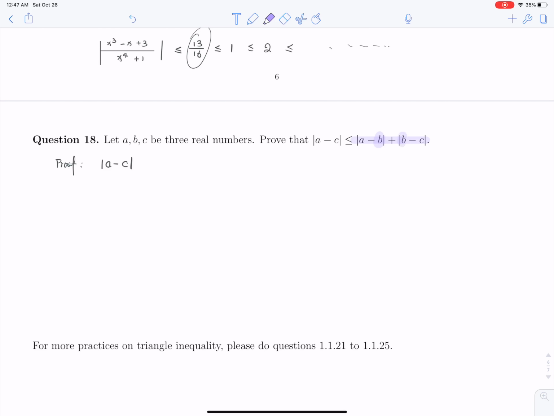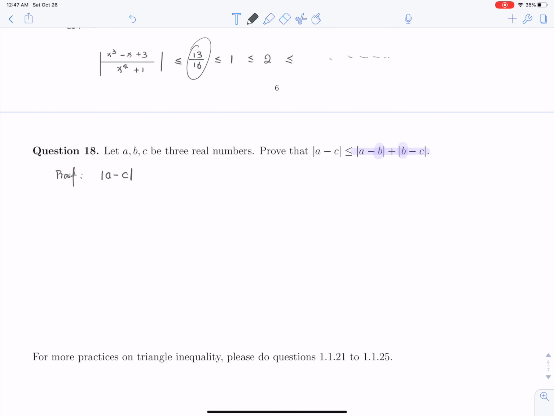We don't even have B here, so I'm going to introduce B by adding and subtracting B. Okay, so I'm going to subtract B and add B, minus C. By triangle inequality, this is smaller than or equal to the absolute value of A minus B plus the absolute value of B minus C. And that is it. Okay?